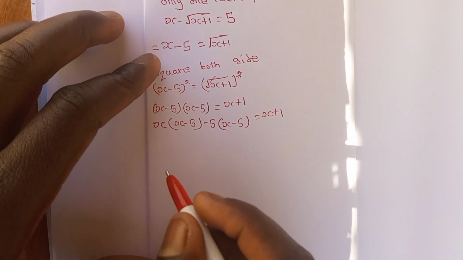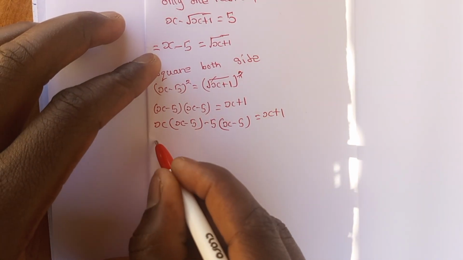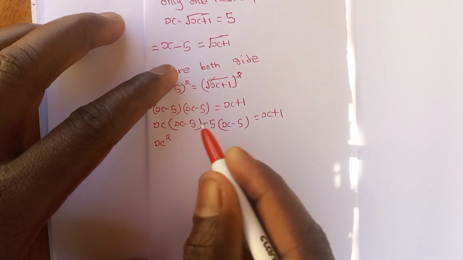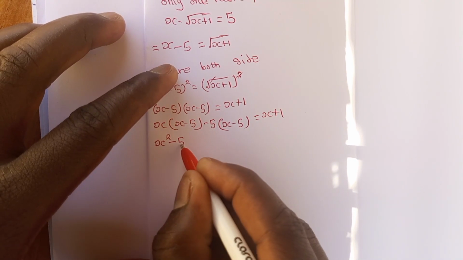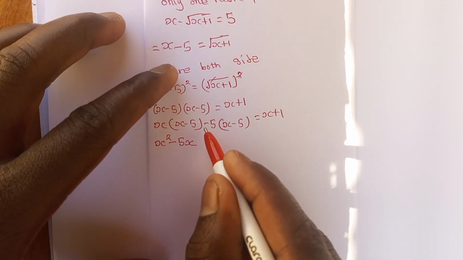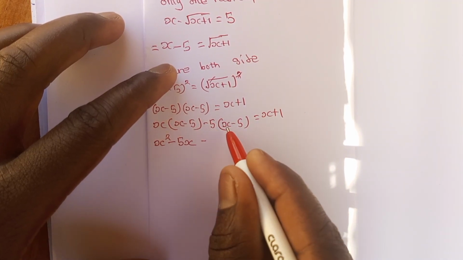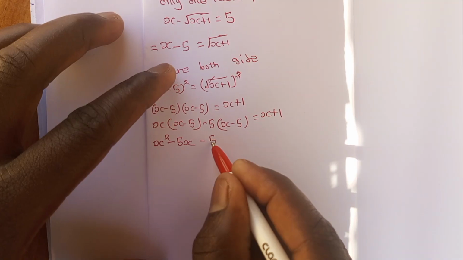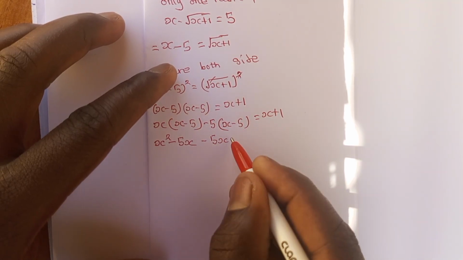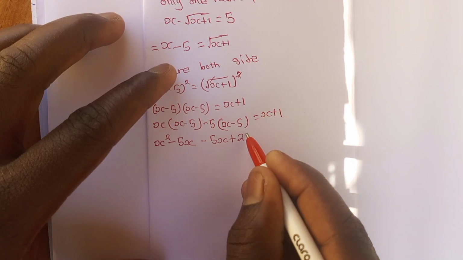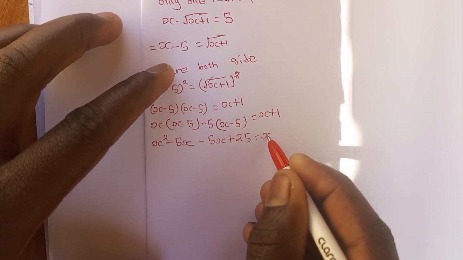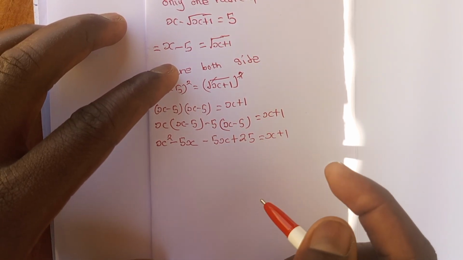We say plus times plus is plus, x times x. We are going to have x squared. Plus times minus is minus, x times 5, we are going to have 5x. Minus times plus is minus, 5 times x is 5x. Minus times minus is plus, 5 times 5, we are going to have 25 equals to x plus 1.